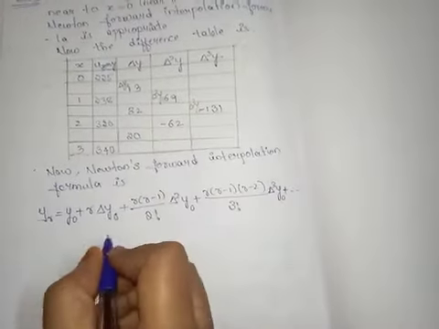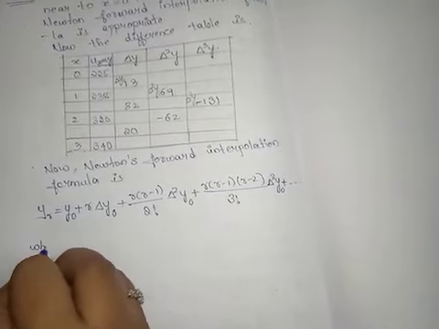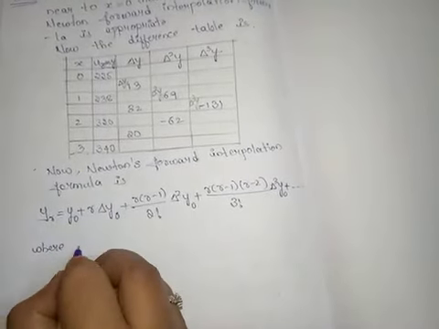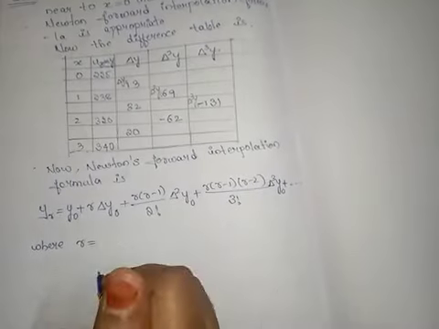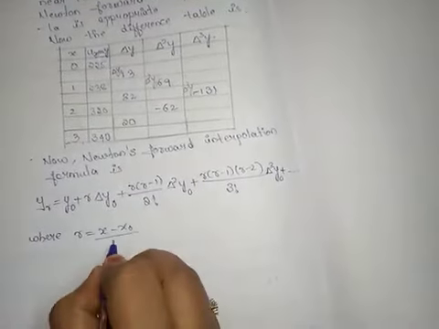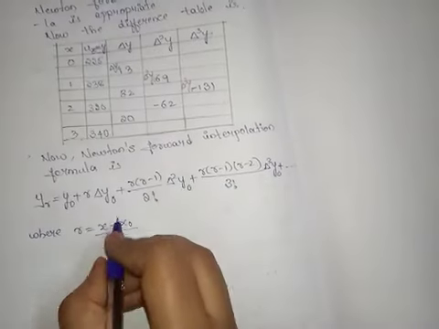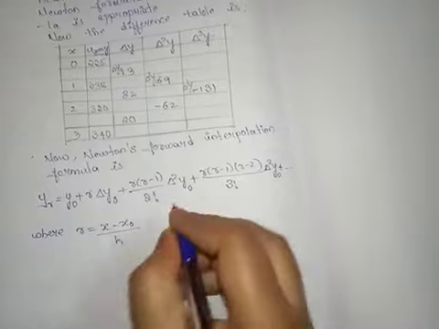Now you have to find the value of r before going to the calculation. Since we are using the forward interpolation formula, r is equal to x minus x naught divided by h.